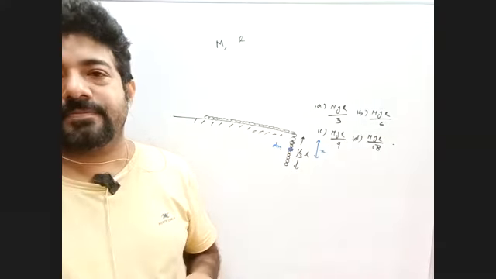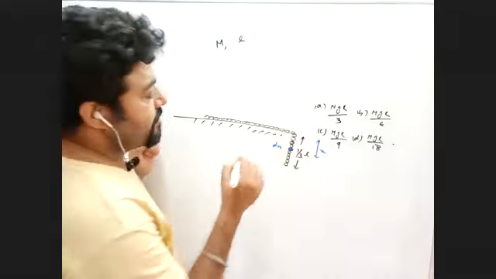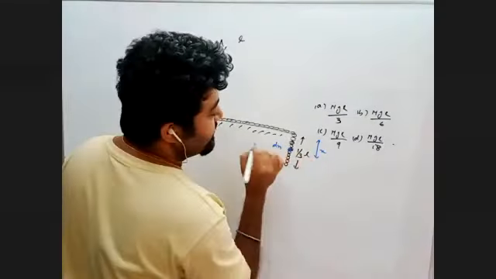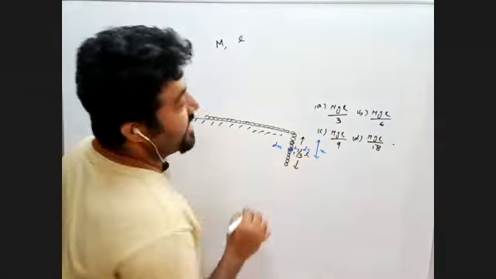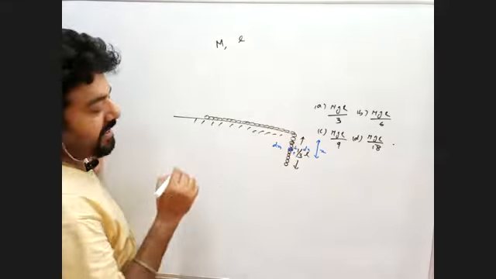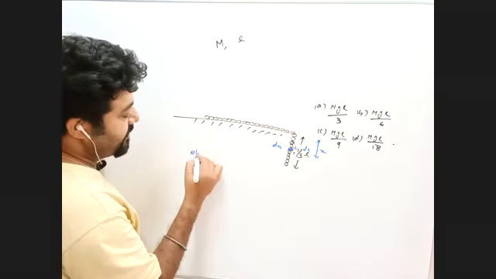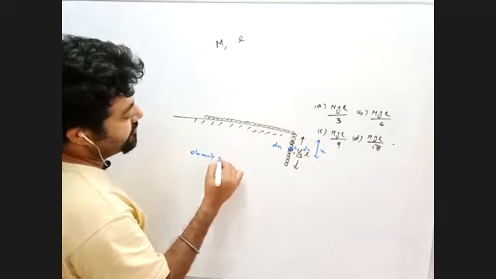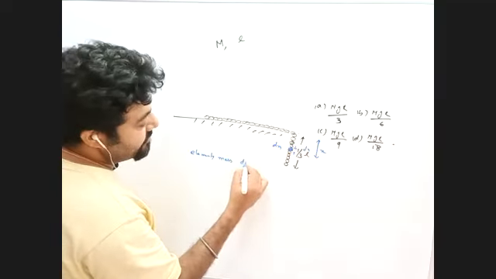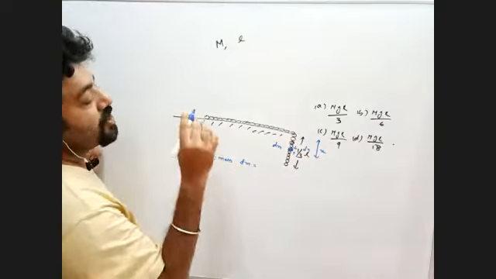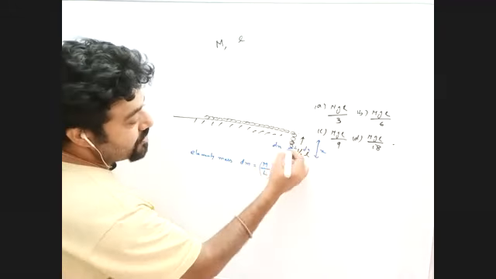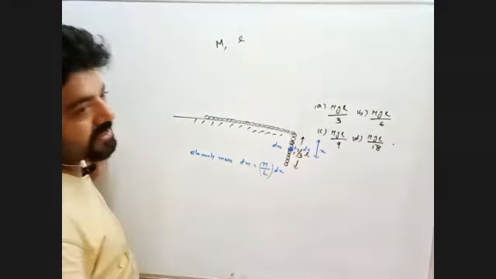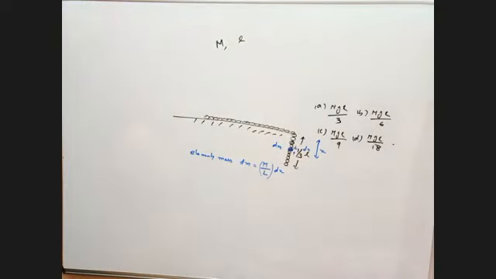So let the mass of that part be dm and the thickness of this part be dx. That is called the elementary mass or elementary length. How do you find this mass? Total mass by total length into the length of that part, mass per unit length into thickness.